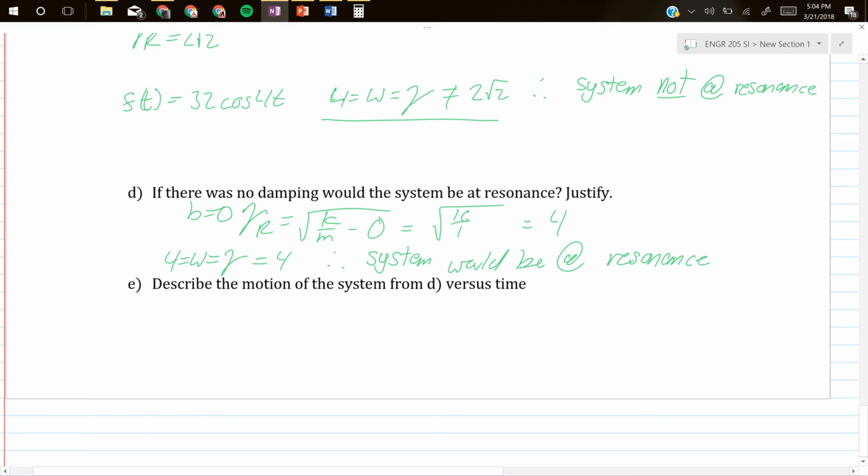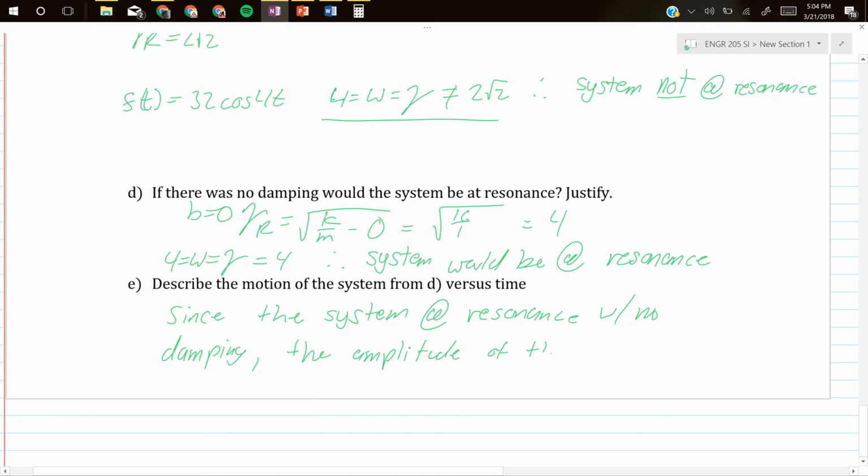Since the system is at resonance with no damping, and the no damping part is really important, the amplitude of the motion will grow boundlessly as time goes to infinity.